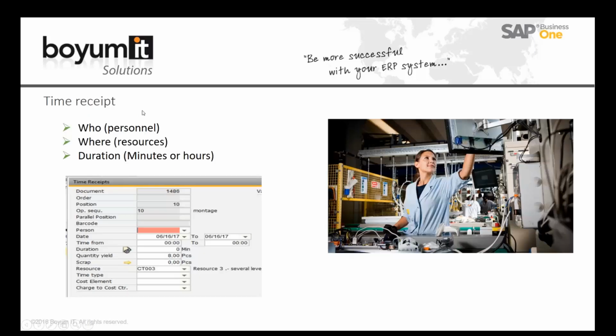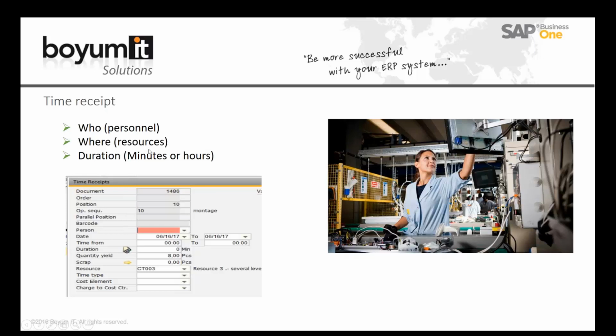In the case of the time receipt, we also have several screens to report it. The time receipt is the information that we collect from the operator, the person who is working in an operation, and also we collect where this person is working, that is the resource.